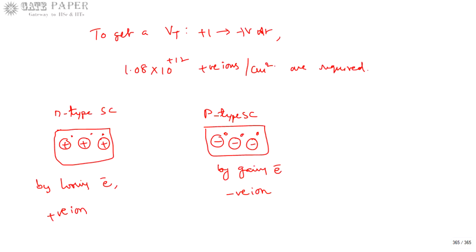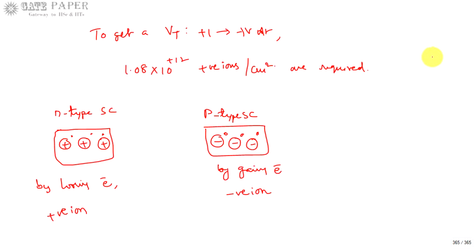Initially both are neutral. But by losing the electron, N-type becomes a positive ion. By gaining the electron, P-type becomes a negative ion. So positive ions means you are going to add N-type impurity, for example phosphorus, arsenic, antimony.